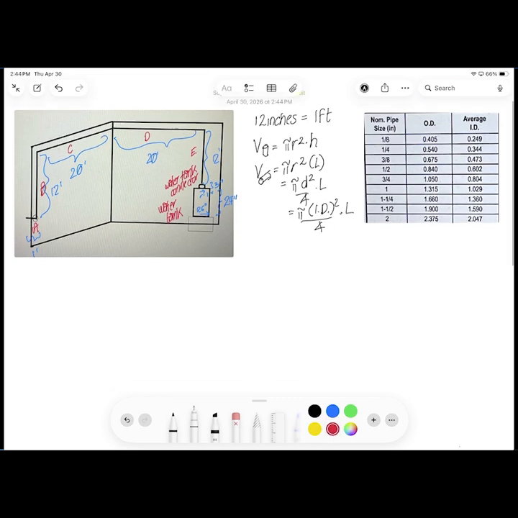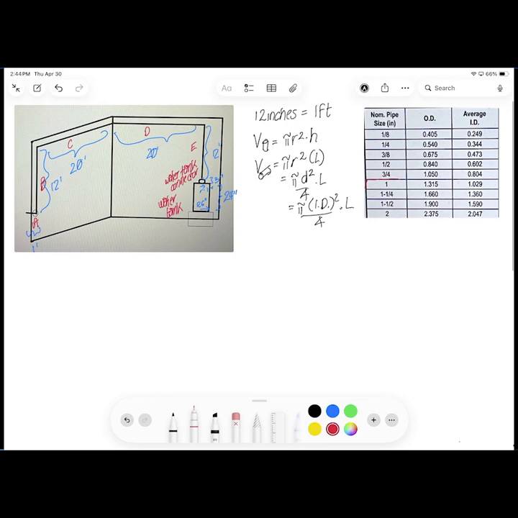Since we have a 1 inch pipe, we're going to have to calculate the following.